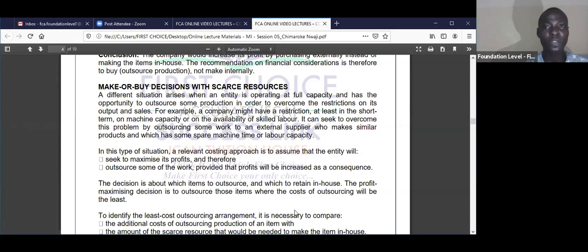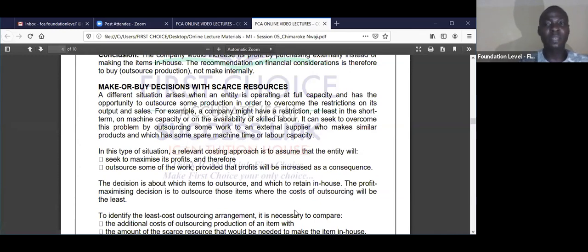So you see, when we are doing limiting factor, we usually said that when we get our contribution per limiting factor, and we rank, we produce according to the ranking. And perhaps the last one will be limited due to space, due to inability for us to have more resource.